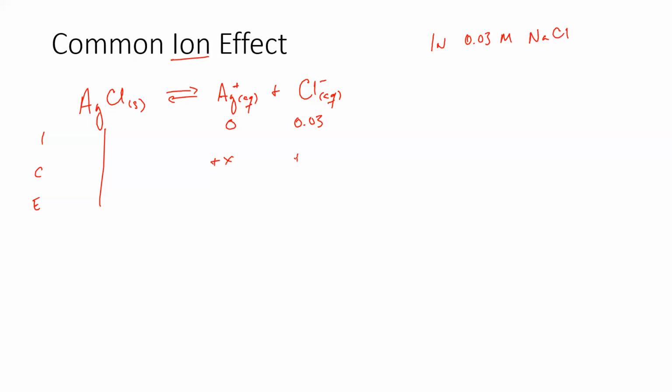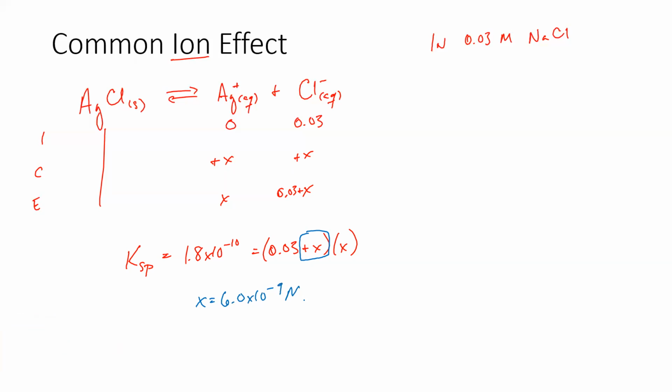So when we add our plus X and our plus X, 0.03 plus X, then when we solve our KSP, 1.8 times 10 to the negative 10 equals 0.03 plus X times X. I'm going to ignore this plus X for now, put it in a box and just solve it that way. 1.8 times 10 to the negative 10 divided by 0.03, X equals 6 times 10 to the negative 9 molar.